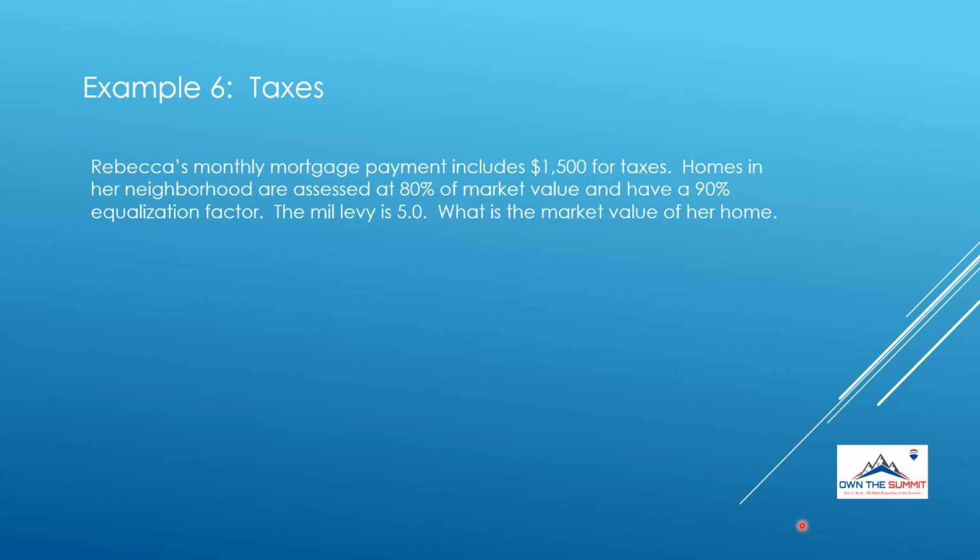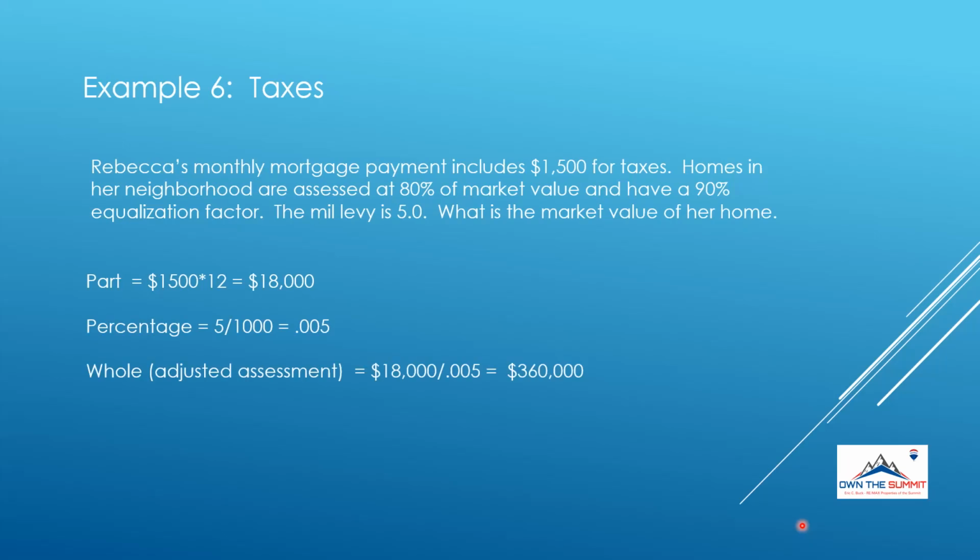So let's go and look at this question. Well, we start with what's the part? Well, we have $1,500 in taxes, but it's 12 months of $1,500, so make sure we annualize that when we're doing our calculation. It's $18,000. Our mill rate is 5 per thousand. 5 divided by 1,000 is 0.005. So our whole adjusted assessment, this is for after the equalization factor, is 18,000 divided by 0.005, or $360,000.